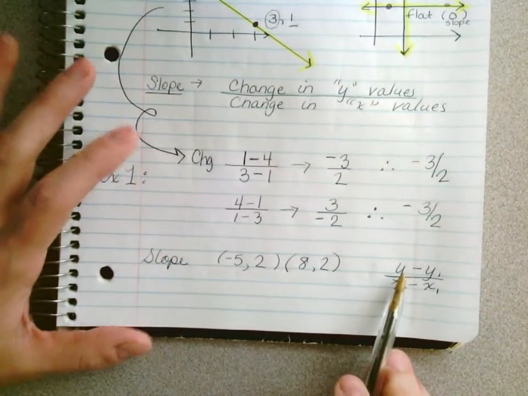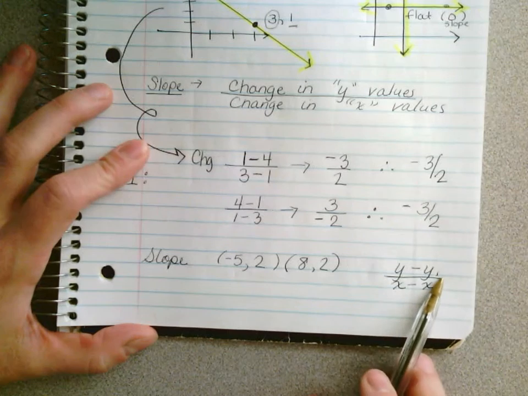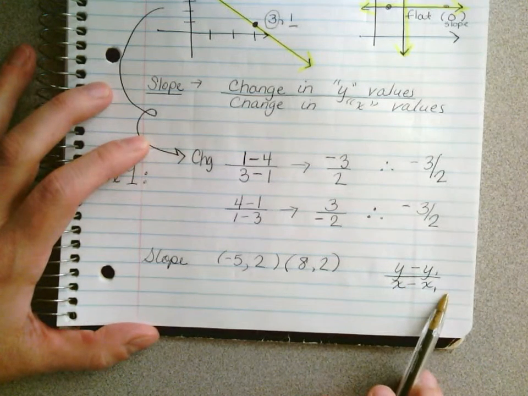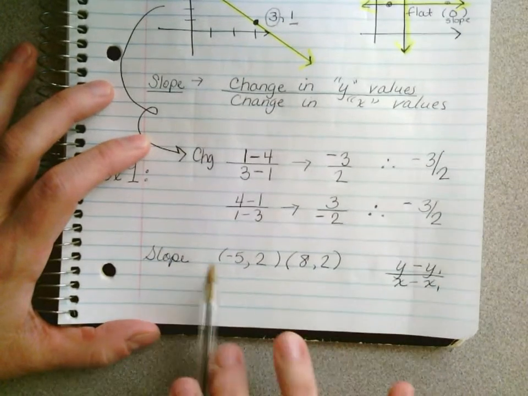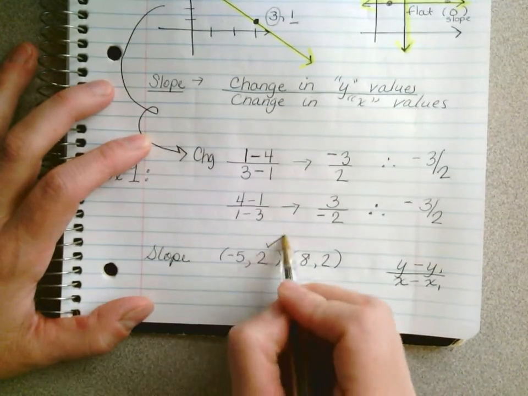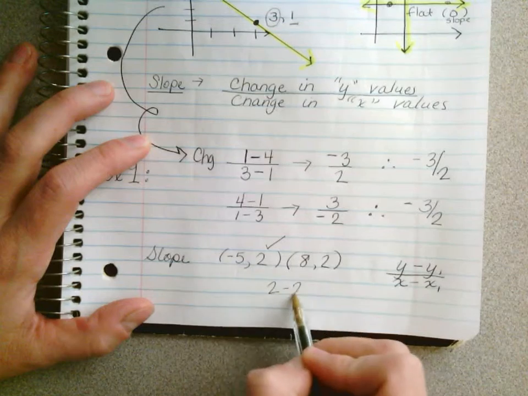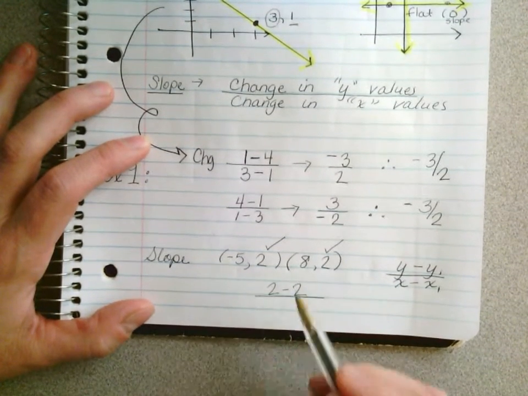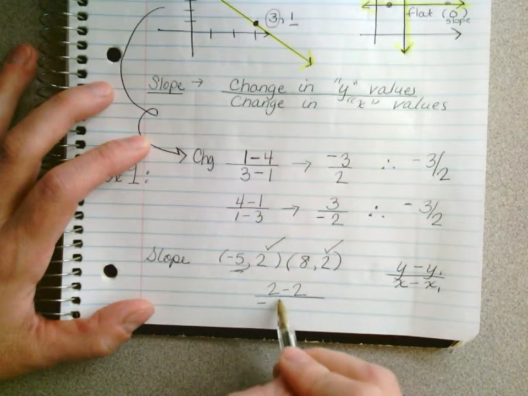When listed like this, it's like a y minus another y, and x minus the other x. So I am just going to go from left to right. So I'm going to do the first 2 and the second 2. Yep. And that means this guy goes first.